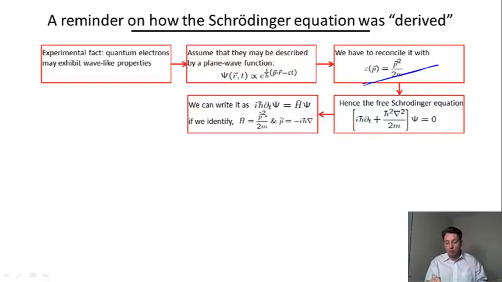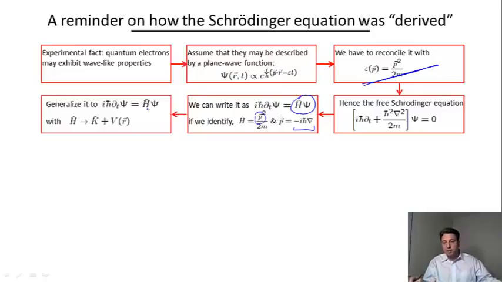So we had the sort of universal left-hand side, which is just i h bar, the derivative with respect to time, and the right-hand side was a sort of energy operator, the Hamiltonian, where we associated with the momentum that would have appeared in the classical theory this guy, which is minus i h bar gradient, which indeed is an operator that acts on the wave function.